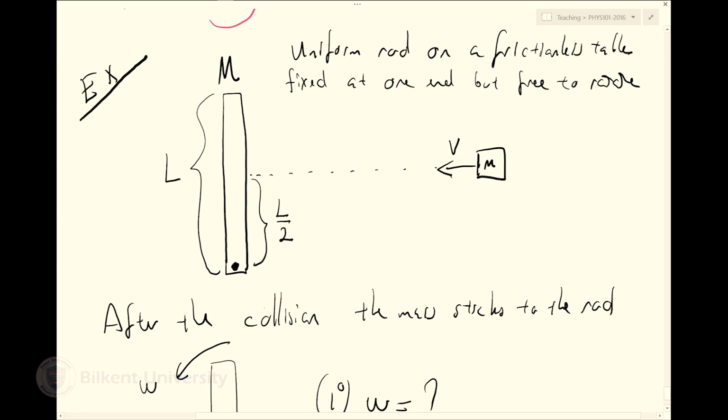It's a very violent process, right? So we need a conservation law. First of all, is energy conserved? No, it's not conserved. Why is it not conserved? Because we are not told this is an elastic collision. Instead, it's a completely inelastic collision where these two objects actually stick to each other. So energy is not conserved.